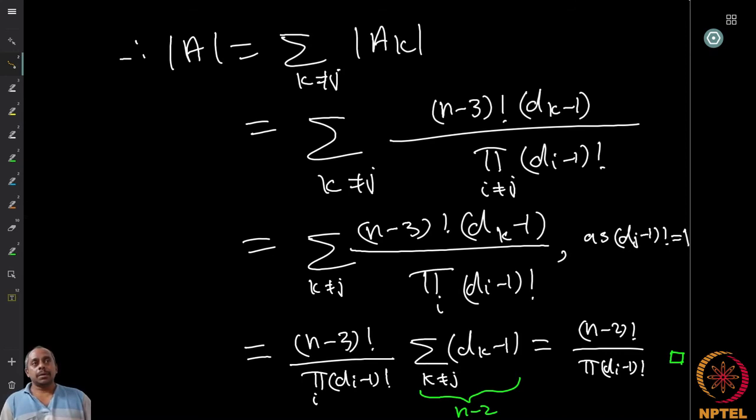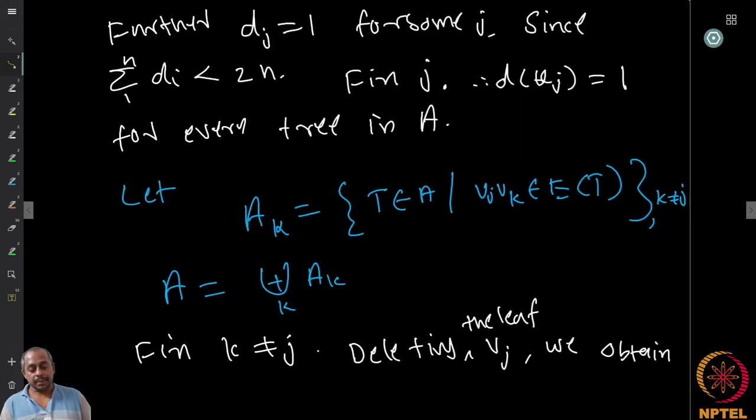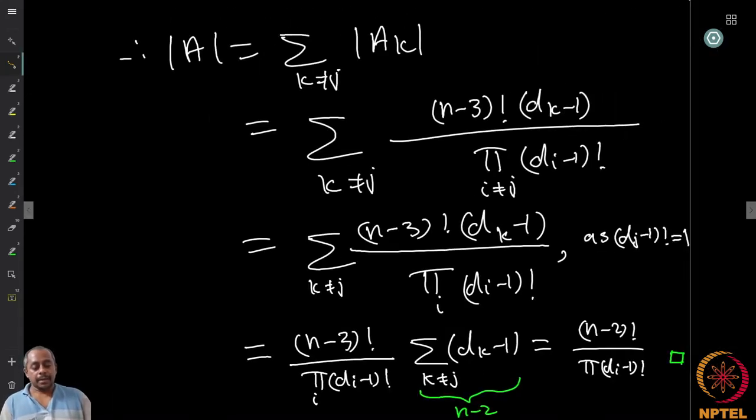Now, what is the cardinality of A? Well, it is the sum over all k different from j of the cardinality of A_k, right? By definition, it's the union over all k of A_k. And what do we have? Summation over all k not equal to j of (n-3)! into (d_k - 1) over the product over all i of (d_i - 1)!.